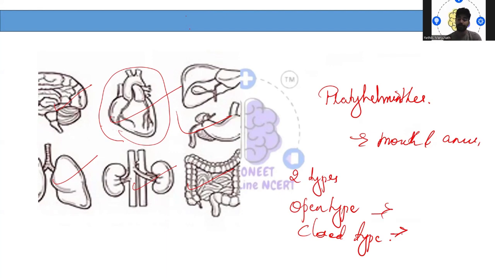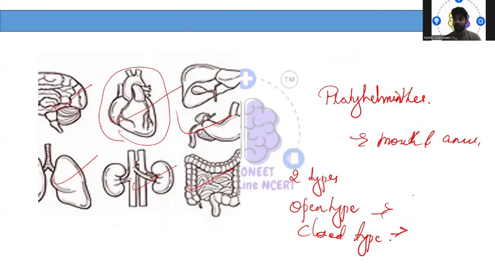The blood is pumped out from the heart, and the cells and the tissues are directly bathed in it. Whatever the cells, tissues, everything, they get the blood directly.